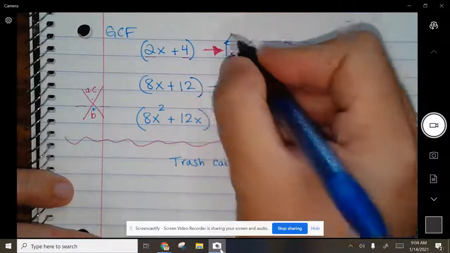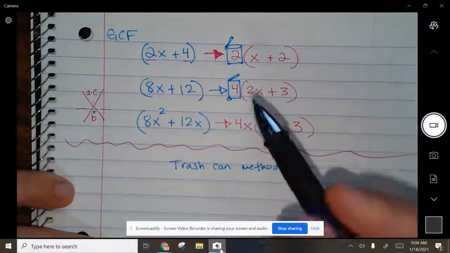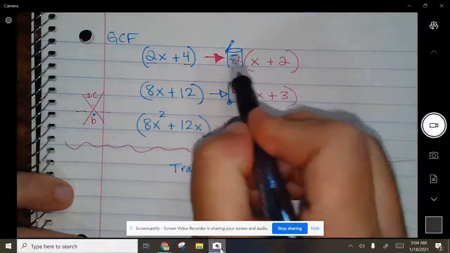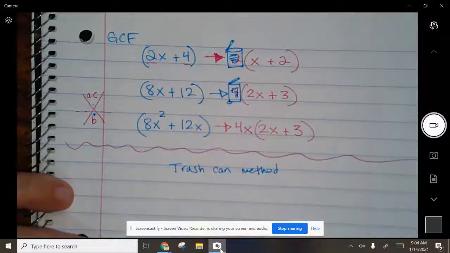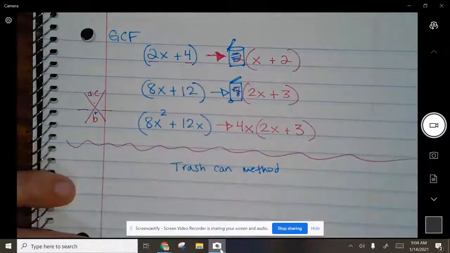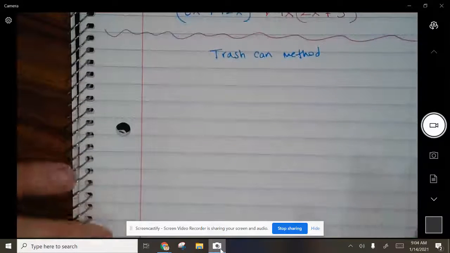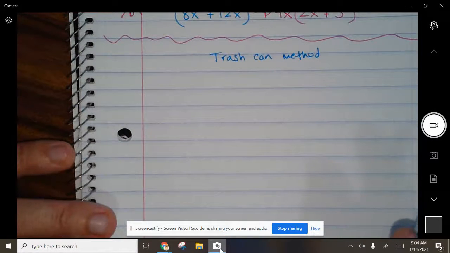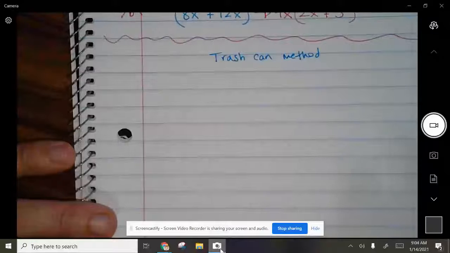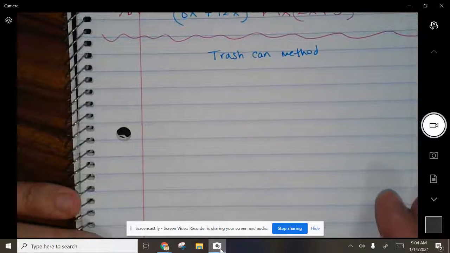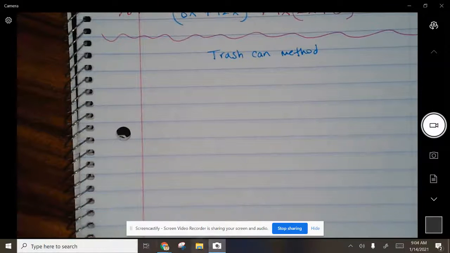The lid. And what's going to happen? Your final answer, you're going to trash this number at the very end, and we'll talk about it. But I'm just trying to give you a method. We're going to trash can method this, and you're going to be like, what are you talking about, Marusik? Stay with me. You'll get there. Okay, so let me give you a decent one to start with.